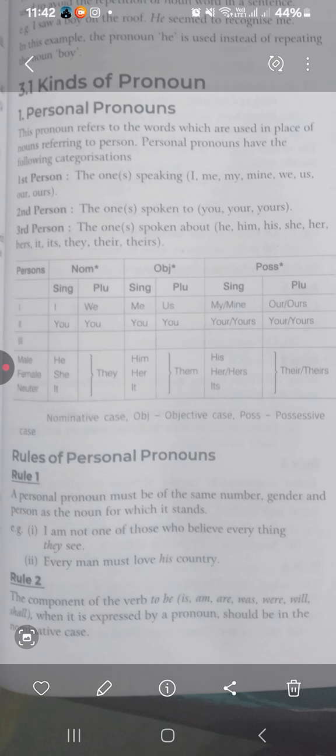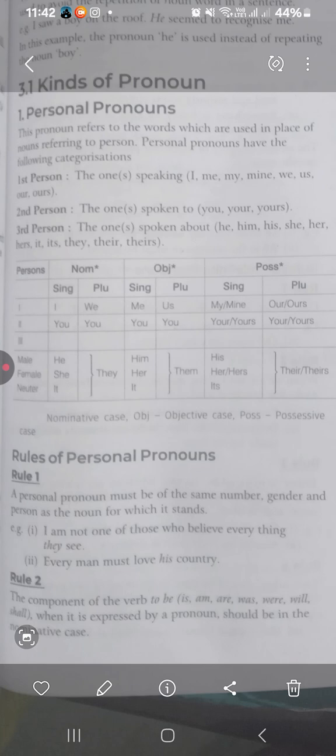The second example: every man must love his country. Same number, gender, person as the noun for which it stands. For every man we are using his here, and for those we are using they here.